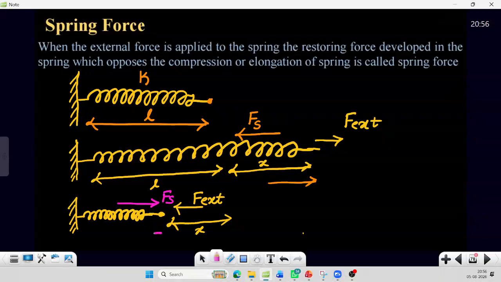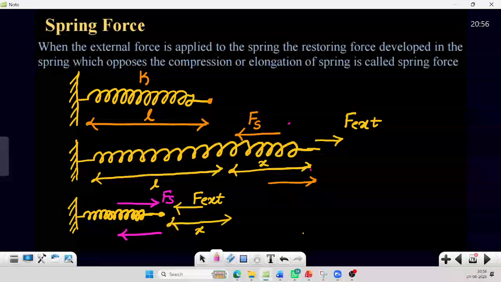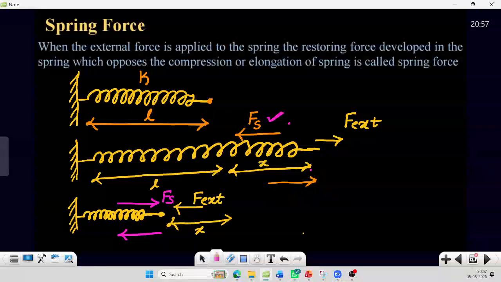The compression is in this direction, but the spring force is opposite to the compression. Here you see, the spring force is opposite to elongation or compression. The force developed inside the spring to oppose the compression or elongation is called the spring force.